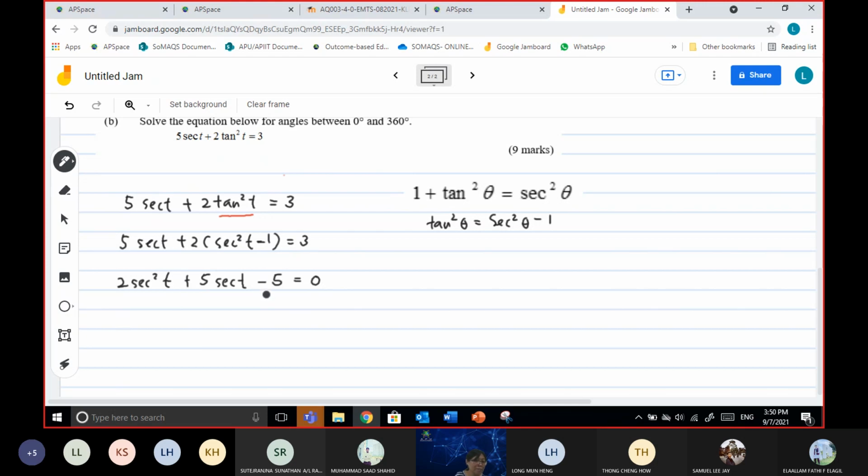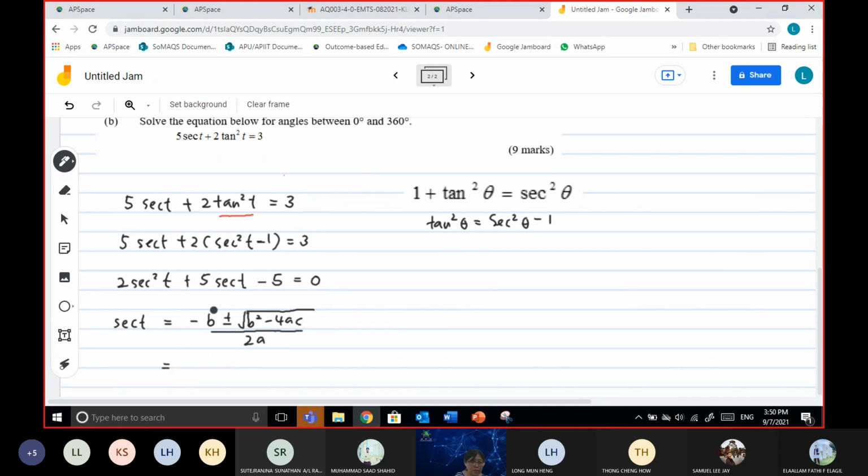This can't be factorized, so we need to find secant t by using the formula. Remember the formula is minus b plus or minus square root of b squared minus 4ac, divided by 2a.